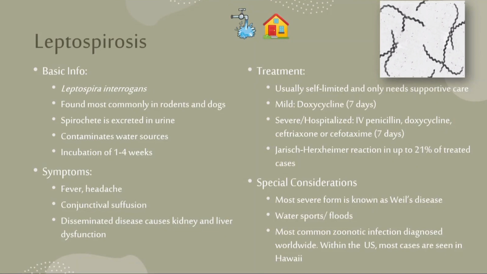When you're killing off the spirochetes in the body, it causes an acute inflammatory response, and you can have fever, rigors, hypotension. They just look very septic all of a sudden, and it's completely due to the killing of the spirochetes.